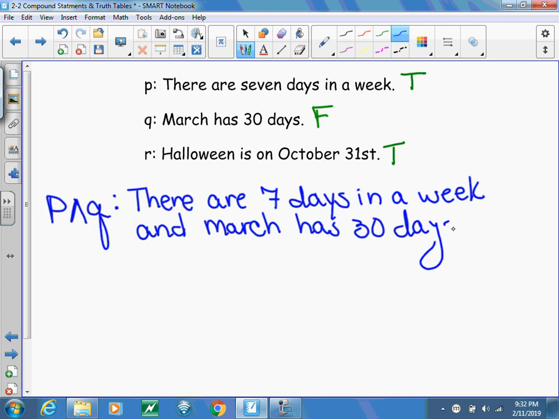Now, with these two statements here, I am taking a conjunction using the word and, based off of my notation here, and my first statement is true, my second statement is false.